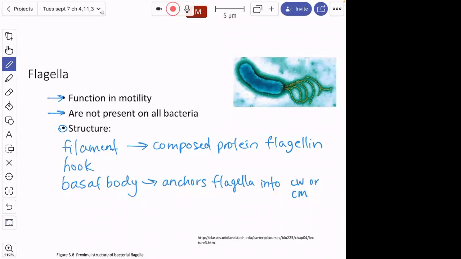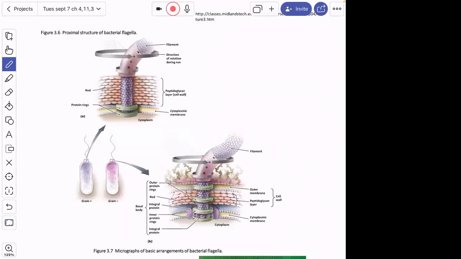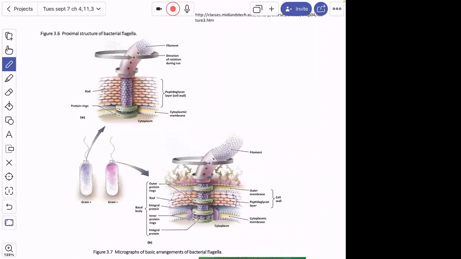Okay, so here's this figure from your book. It may be kind of tiny, hard to see if you printed this out. They show it two different ways here. They show it anchored in a gram-positive cell wall and a gram-negative cell wall, and we'll get to that cell wall structure in just a minute.